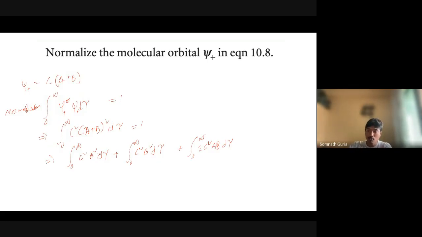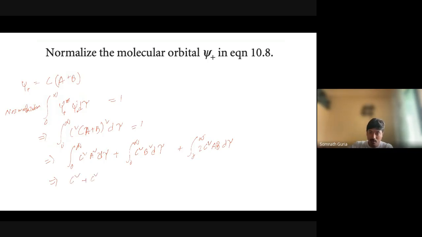Okay, now as it is homonuclear, the a square value is called the overlap integral. This overlap integral will be 1. So we will have the integral from 0 to infinity of c square times 1, so it will be c square.